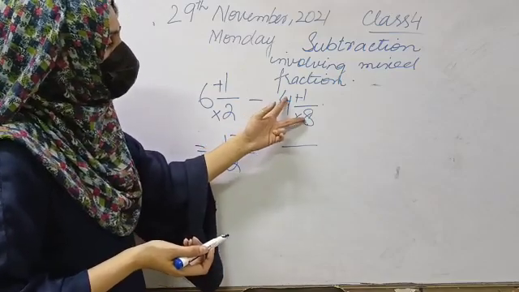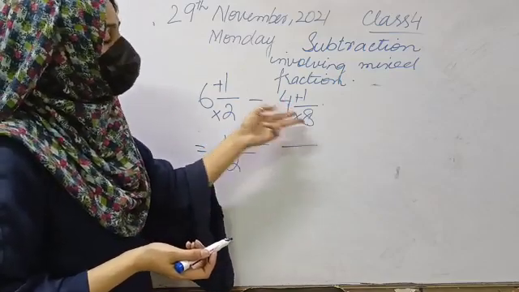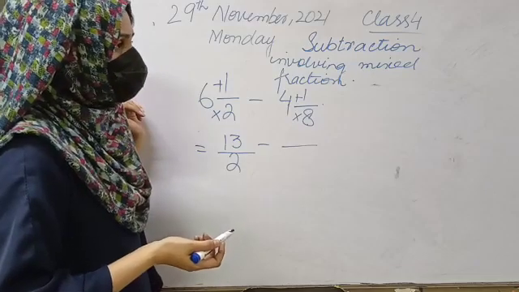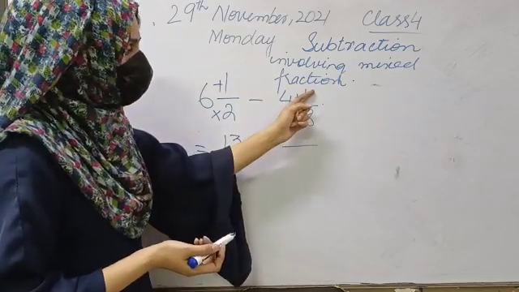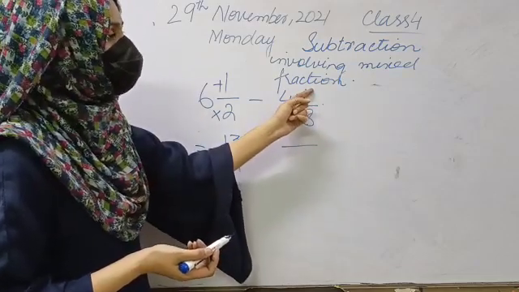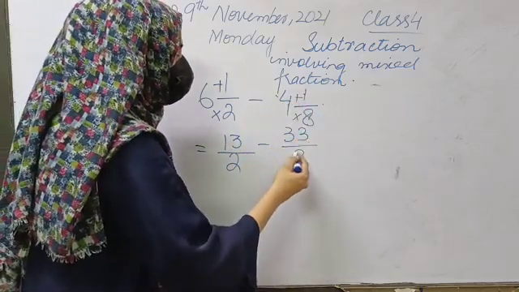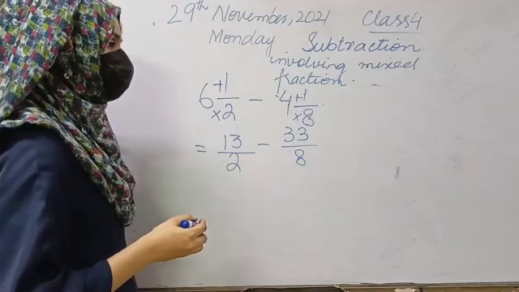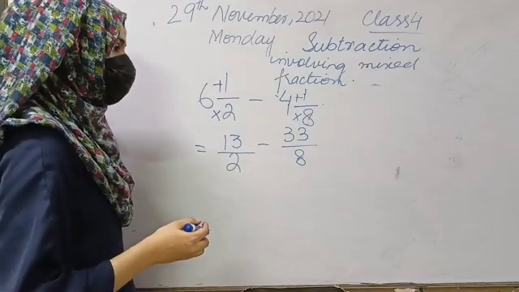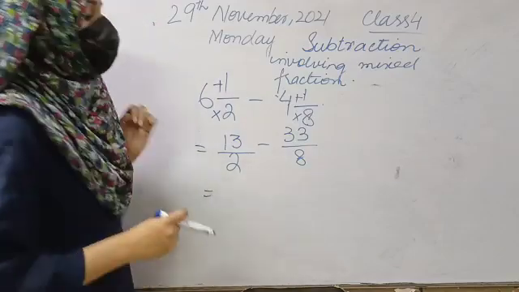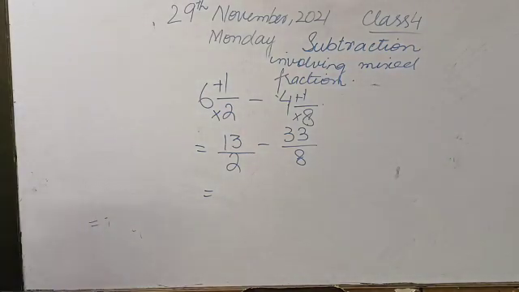I will multiply this whole part by 8 to get the numerator part, but there is one still. We will add it. So 32 plus 1 is 33, and we will write 8 in the end.